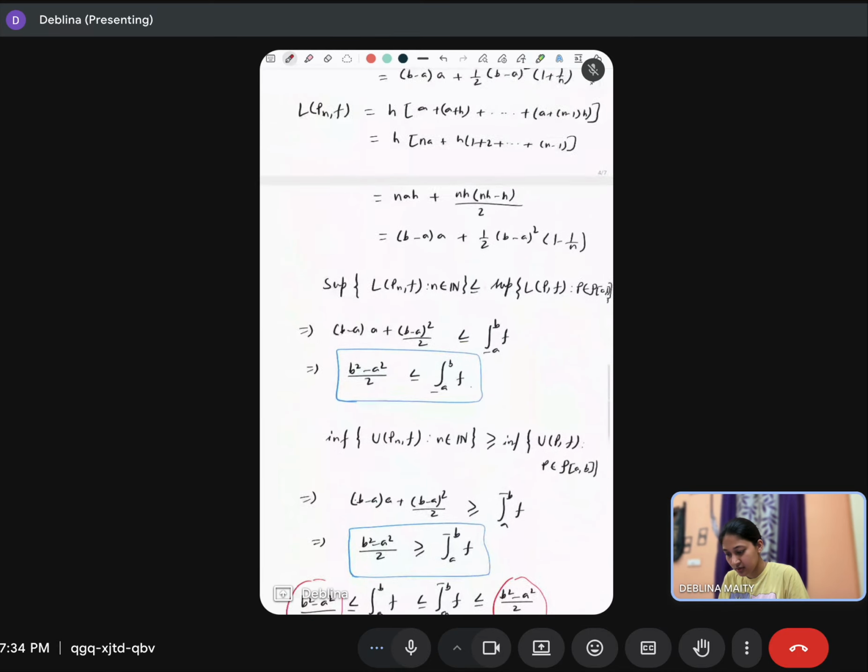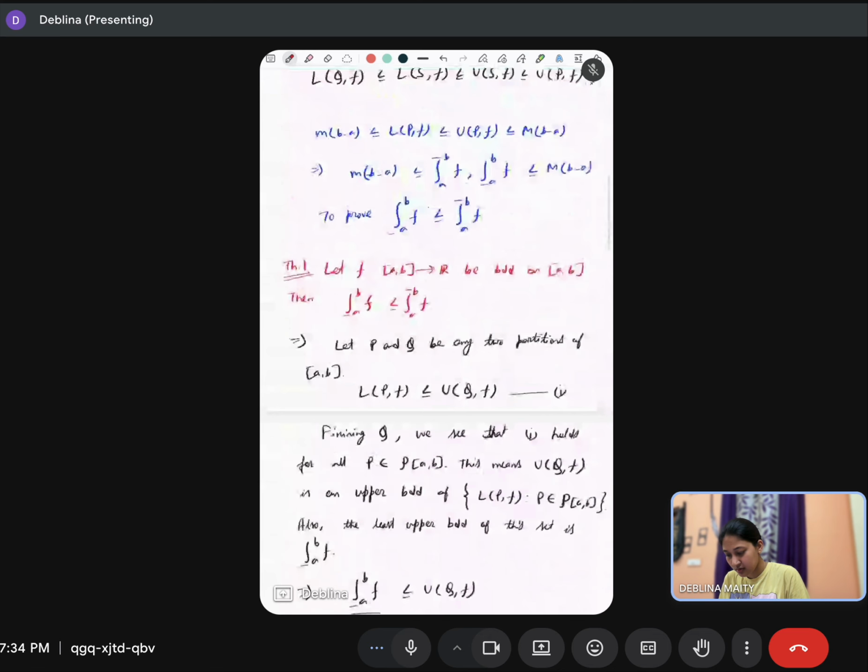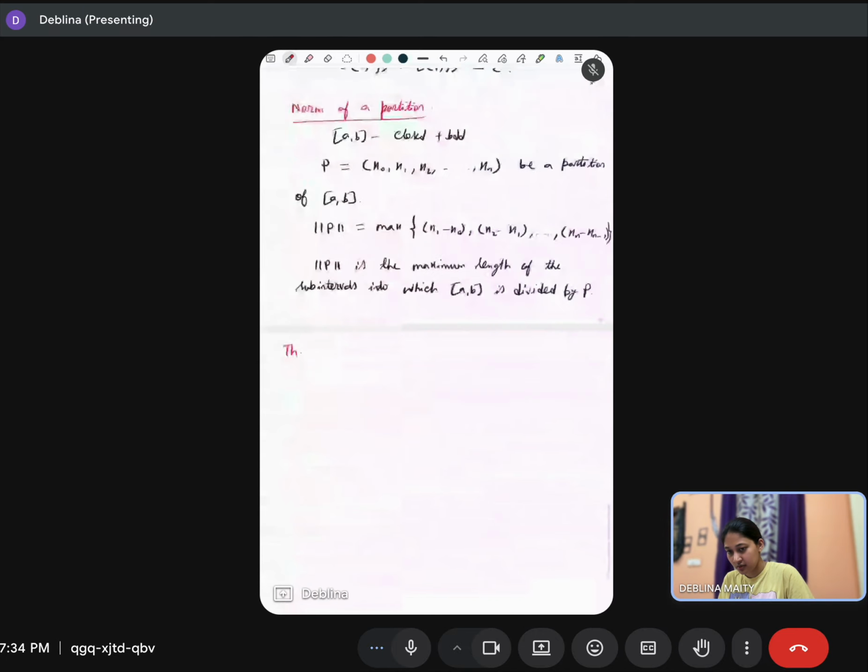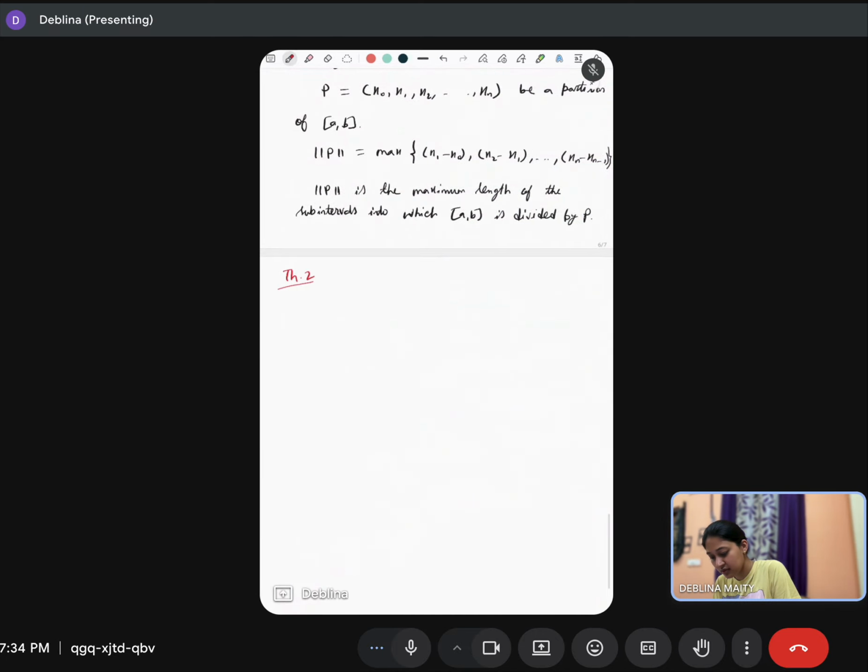So this is theorem 2, which says, let f be bounded on [a,b].